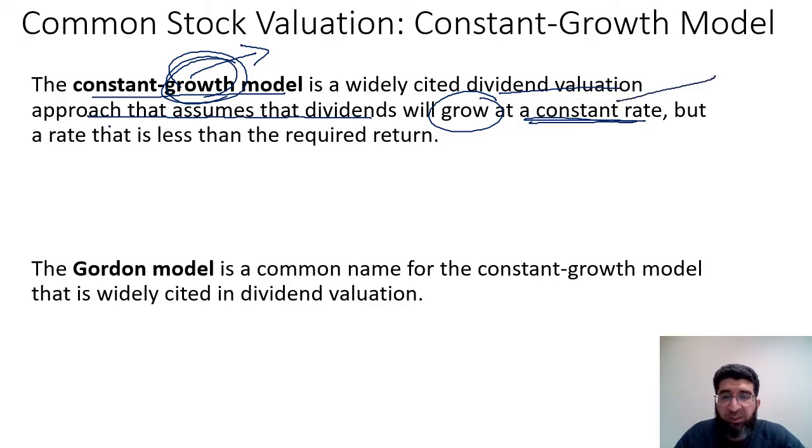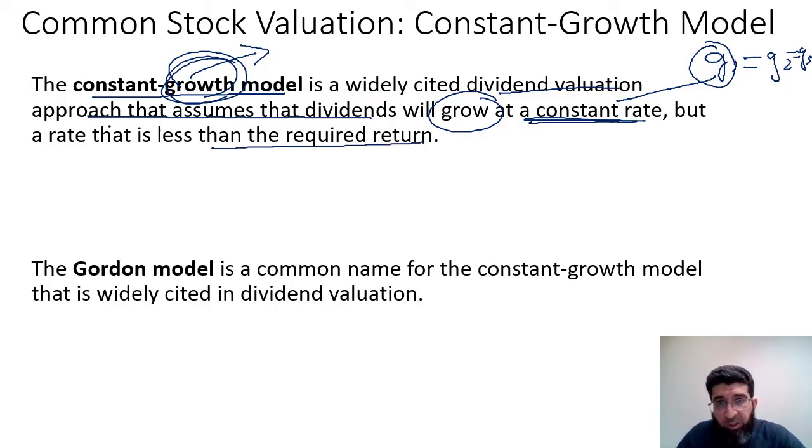It is widely cited as a dividend valuation approach that assumes that dividends will grow at a constant rate. We still deal with a constant rate, which is the growth will be constant from one time period to another. However, right now we don't have to deal with the static amount. We can add certain growth on it, but a rate that is less than the required return.